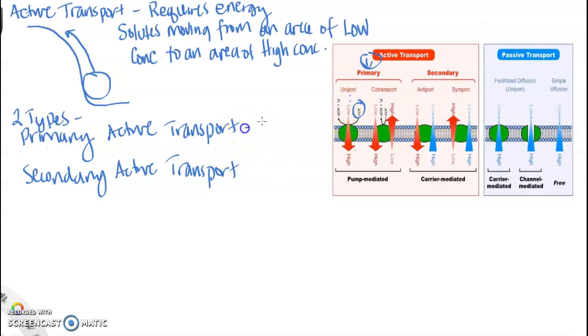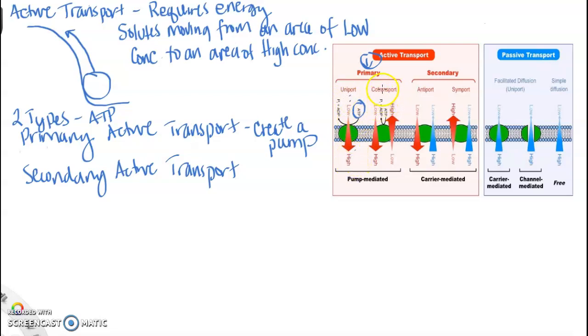Okay, so this is going to create a pump. We're going to be using ATP. Now this is a uniport, so this is basically taking an area where there's low concentration of something and just shoving it in an area where there's high concentration.